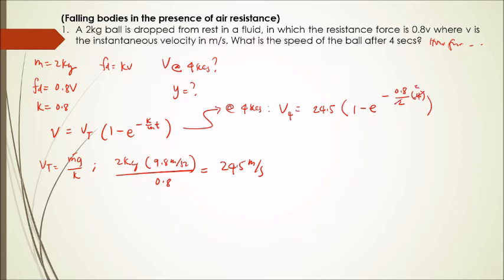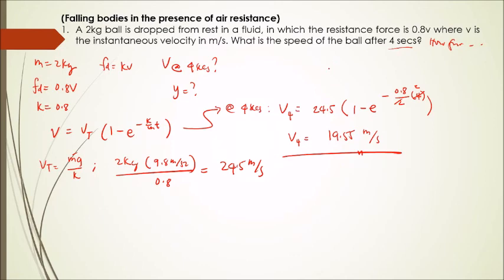So that's 1.6. And so our v after 4 seconds is equal to 19.55 meters per second. So this is the speed after 4 seconds.